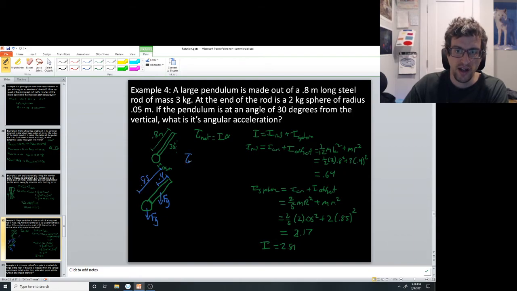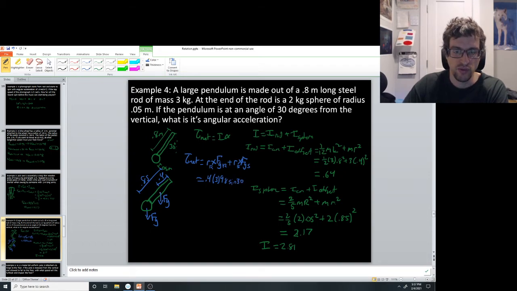So torque net equals R cross Fg, we'll call it the rod, plus R sphere cross Fg sphere. R rod is 0.4 times 3 times 9.8, and this is sine of 30, right?